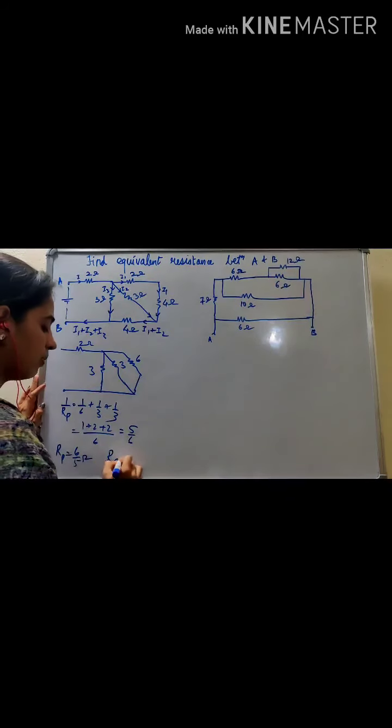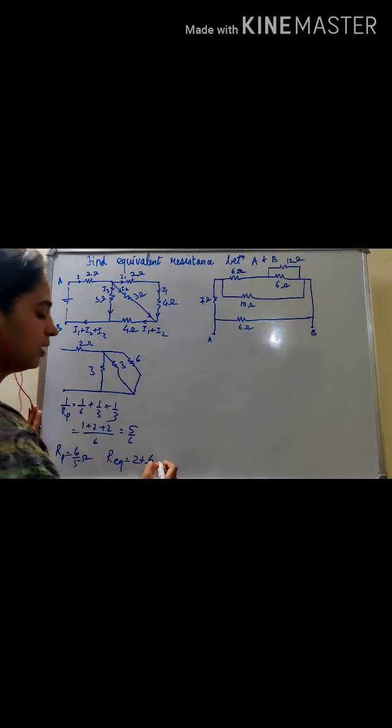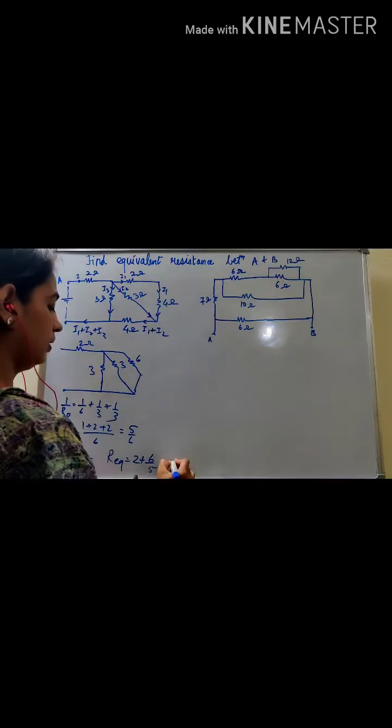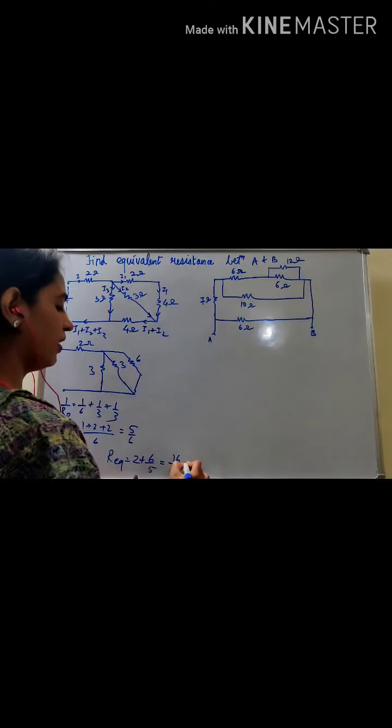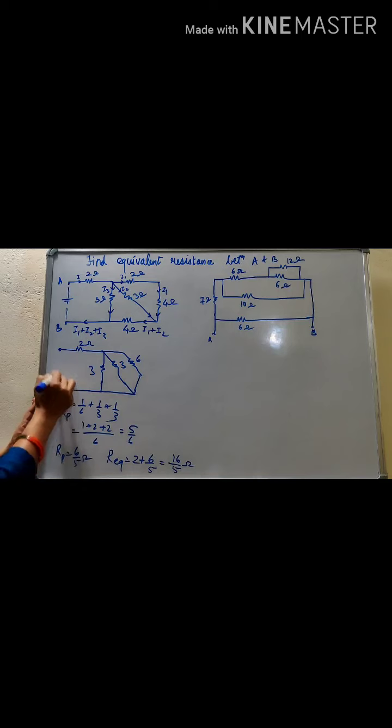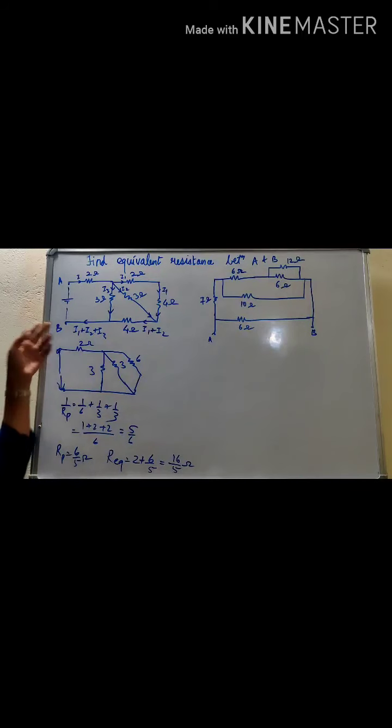So R equivalent is equals to 2 plus 6 by 5, that is 10 plus 6, 16 by 5 ohm. Okay. So the equivalent resistance between A and B is here 16 by 5 ohm. This is how we solve a complicated network.